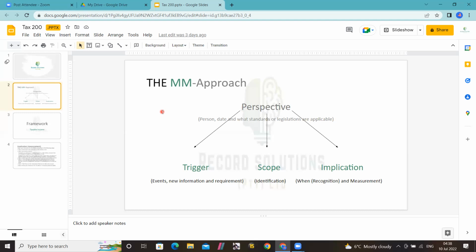So SARS says, although the insurance company didn't charge you VAT, we are going to take it as if they charged you VAT. So that payout has VAT inside, although they didn't calculate VAT and add it. Don't forget that.